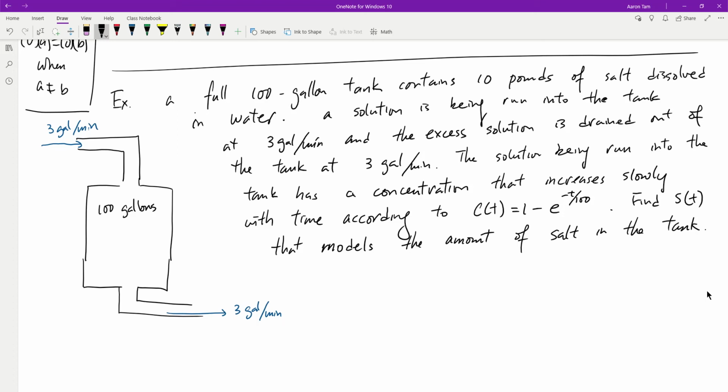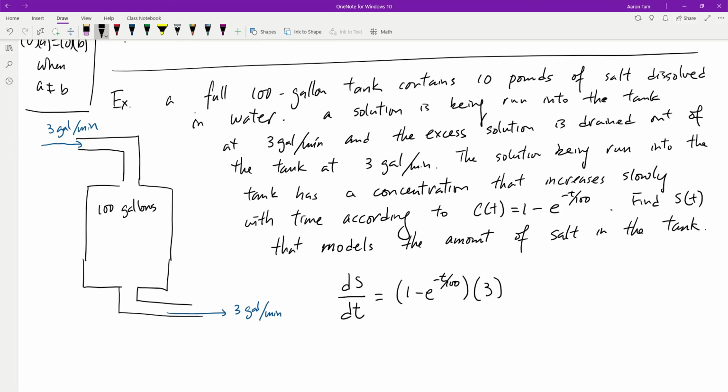So remember, the differential equation basically talks about how quickly salt is going in versus how quickly salt is going out, and that is defined by the derivative ds over dt. And that's equal to the amount of salt going in. The amount of salt going into the tank would be based on the concentration at t multiplied by the rate of the solution going in, which is 3.